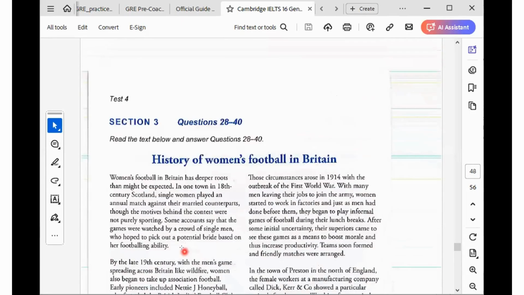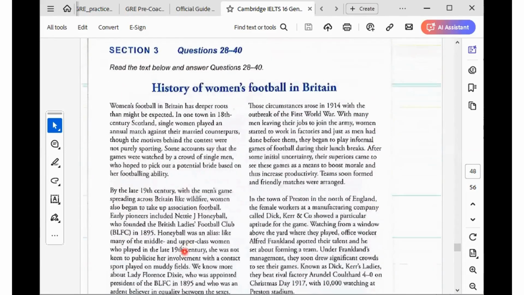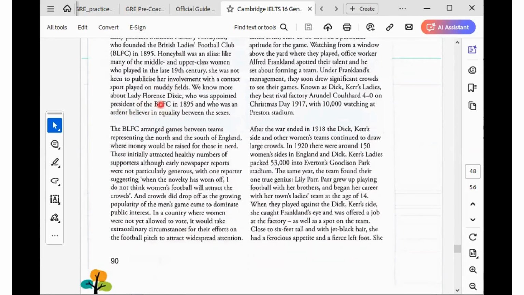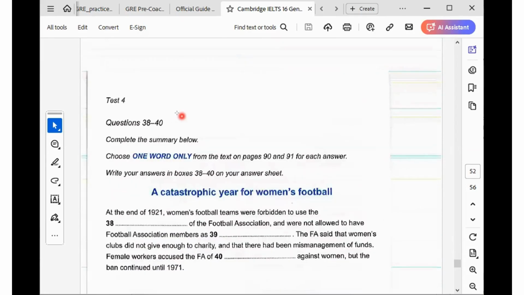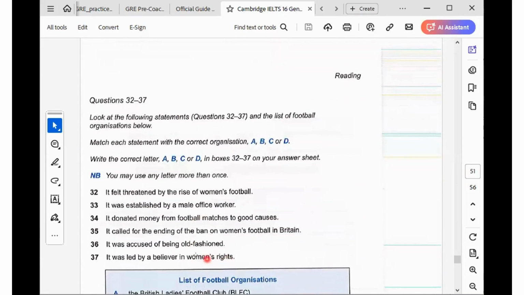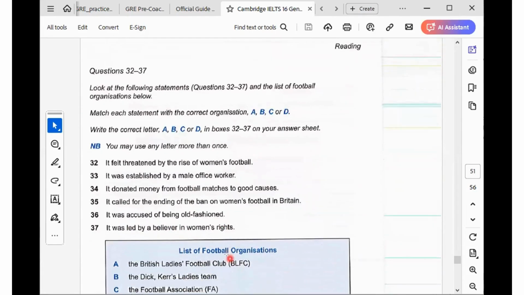BLFC was led by Lady Florence Dixie, who was an ardent believer in equality between the sexes. That's equality. That's what they are calling women's rights. So number 37 is matched to option A. Okay? Now, let's move on.